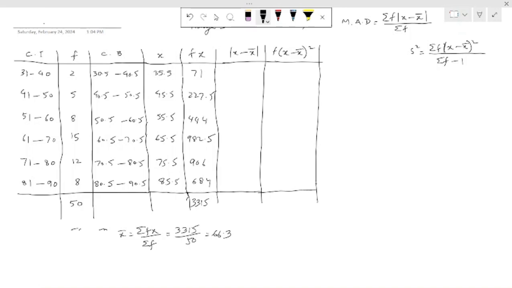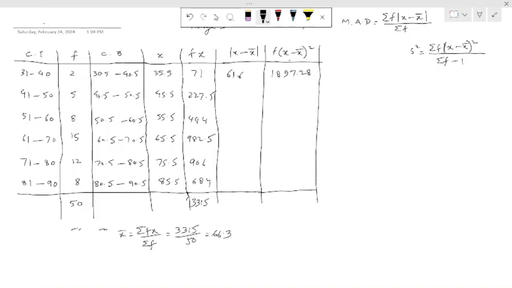The first value is 35.5 take away 66.3, that's 30.8. And 30.8 times frequency 2 gives us 61.6. And its square times frequency is 1897.28. So that's the first value.